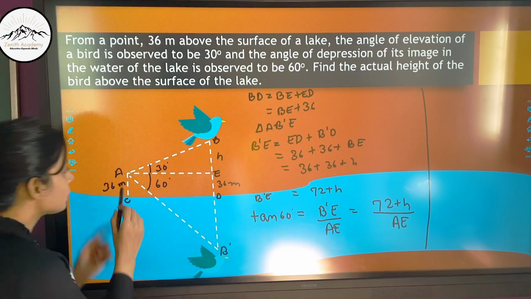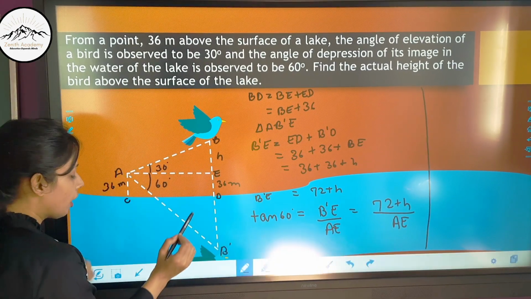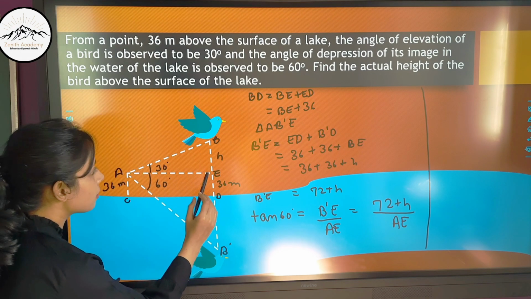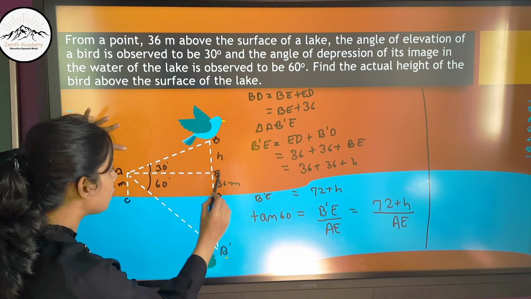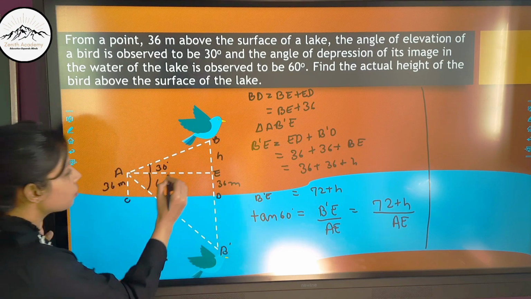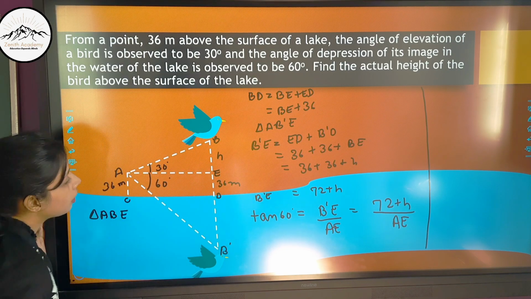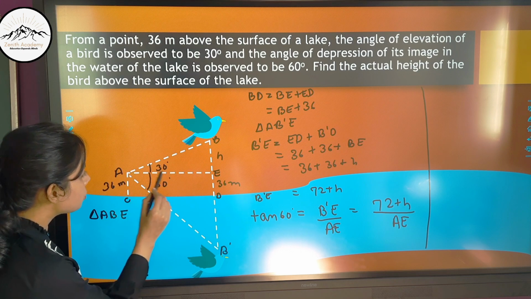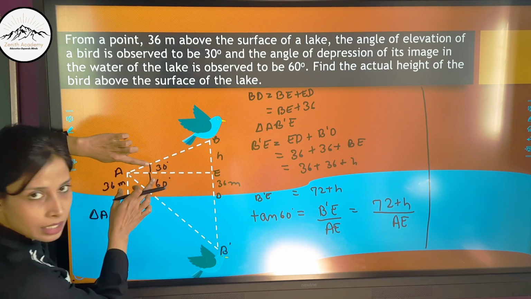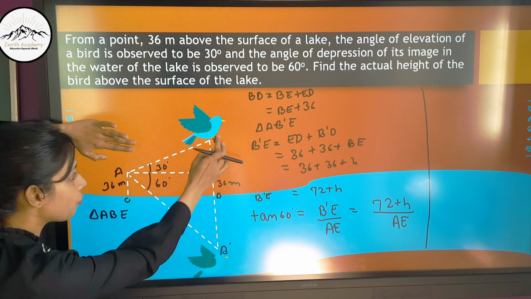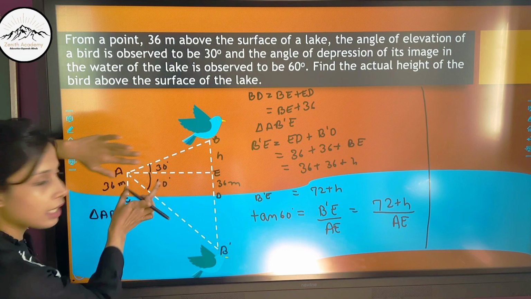Now see, this is AE here. AE is the base for this triangle ABE also. Now in this triangle ABE, we have 30 degrees. So for base and for this height, we can take tangent again.